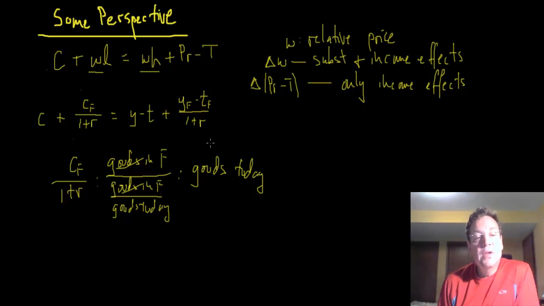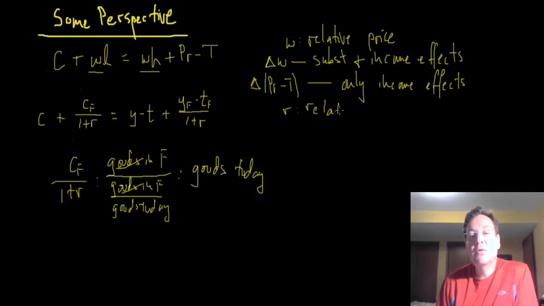But now what you can see is that 1 plus R has a role that is parallel to that of the wage. So 1 over 1 plus R is going to be the relative price of future consumption in terms of current consumption. And because it appears on the right-hand side, changes in R will affect the present value of future income, and therefore we're going to have something exactly analogous.